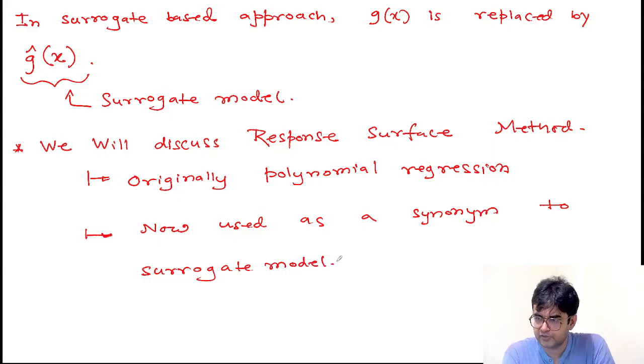Okay. Now in this course we will go by the first one. When I say response surface method in this course, I refer to polynomial regression only. By response surface, I do not refer to, let's say, a Kriging or a Gaussian process or a neural network. I do not refer to it like that. But in literature, it is referred like that also. So for the sake of this course, when I say response surface method, I will refer to polynomial regression.